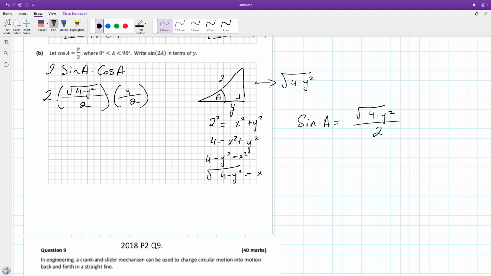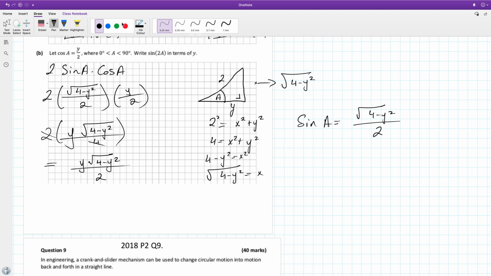Is that okay? So we have 2 times y times the square root of 4 minus y squared over 2 times 2, which is 4, which is equal to y times the square root of 4 minus y squared over 2. And that's your answer. Is that okay?